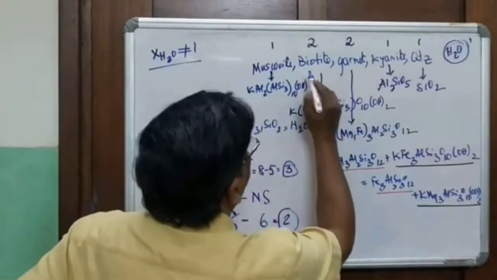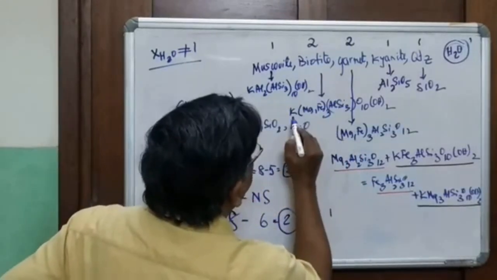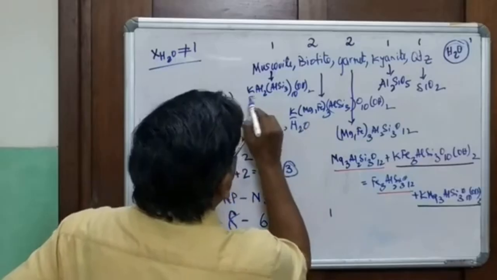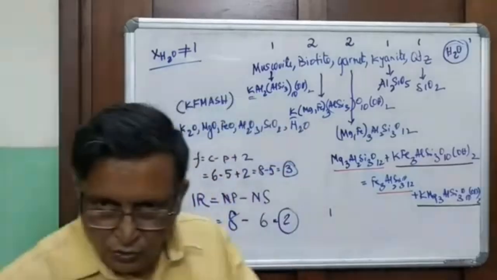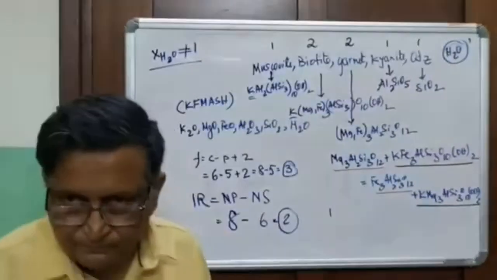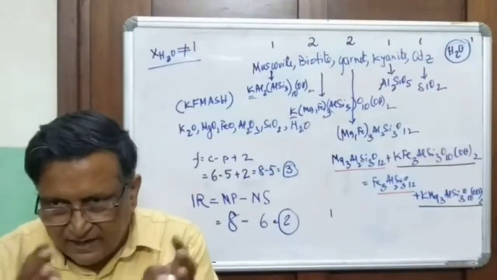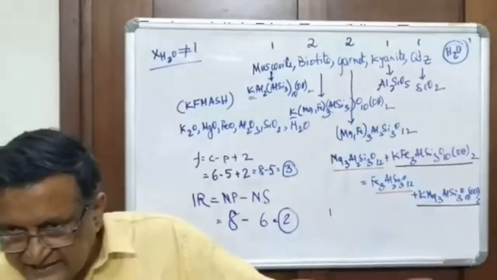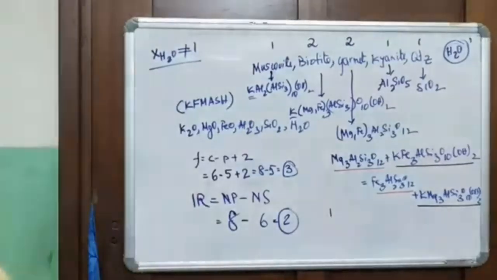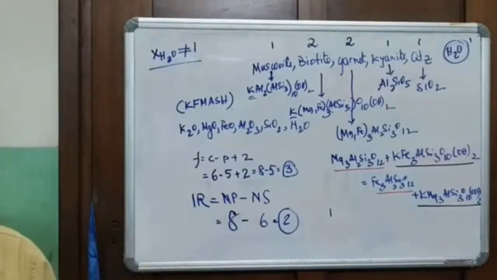You see, there are only 2 potassium here. It occurs in 2 minerals. So if I want to write a reaction involving muscovite and biotite, there should be potassium on either side of the equal to sign.